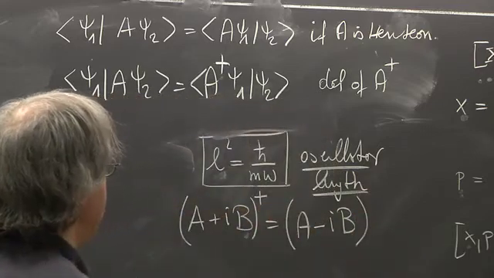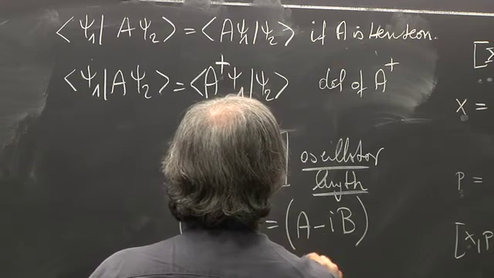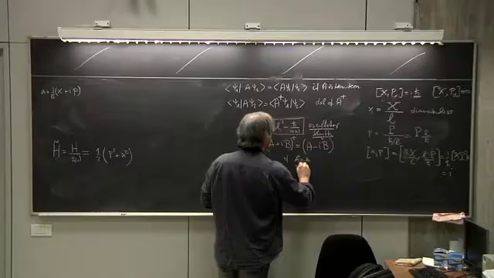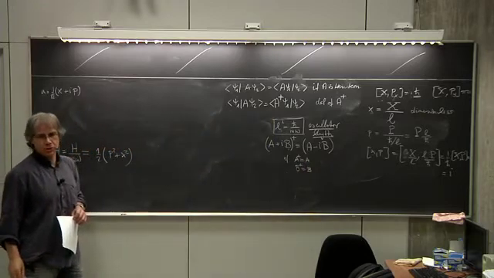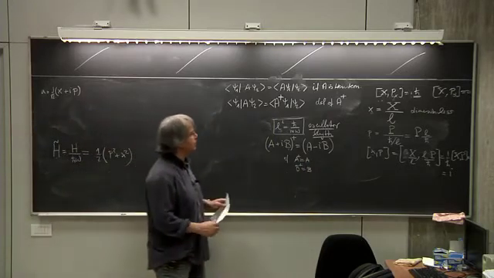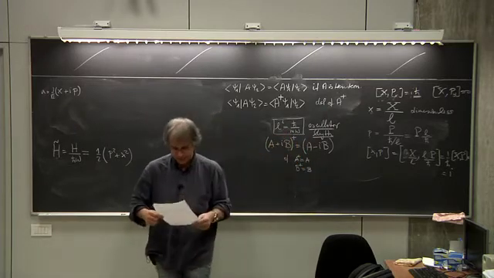If A dagger equals A and B dagger equals B. So try to verify this. It's not difficult. It's the usual trick that when things act on the left, there is always the star, and you have to be careful.